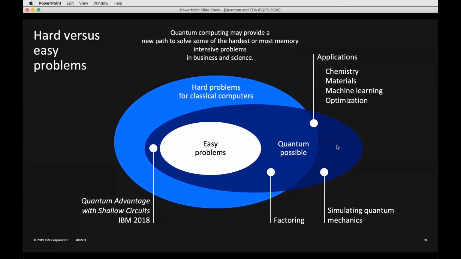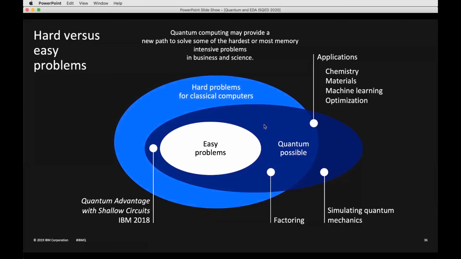Areas in machine learning, modeling of molecular equations, in chemistry, material science, simulating quantum mechanics, factoring, and we're starting to see some key algorithms in there where quantum compute and quantum algorithms have a real benefit. Let me show you a couple of examples.